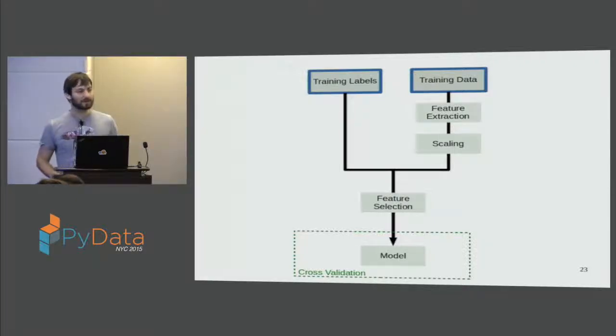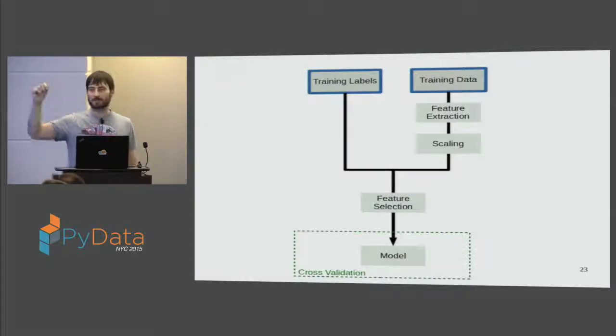a common mistake that people make is they preprocess all their data, and then they do cross-validation just on their classifier. That's really, really problematic, because if you do this, then the test fold in your cross-validation was already seen in the scaling, in the feature extraction, in the feature selection. And so your cross-validation doesn't give you an unbiased estimate of how well you generalize.